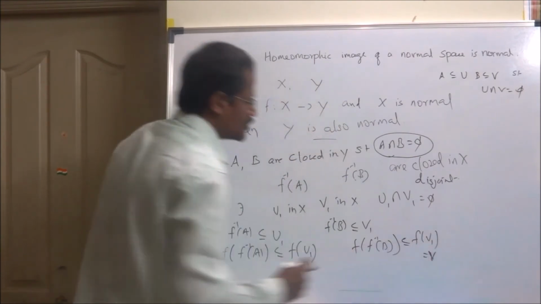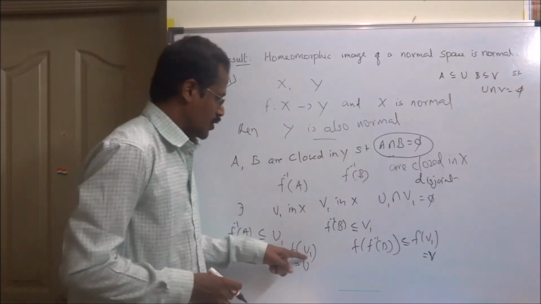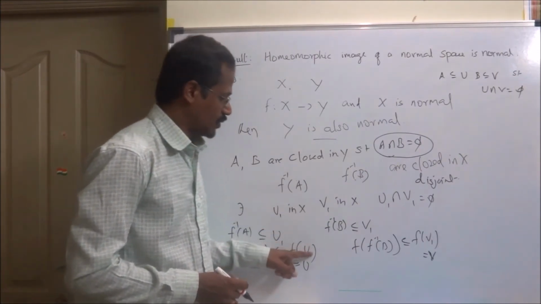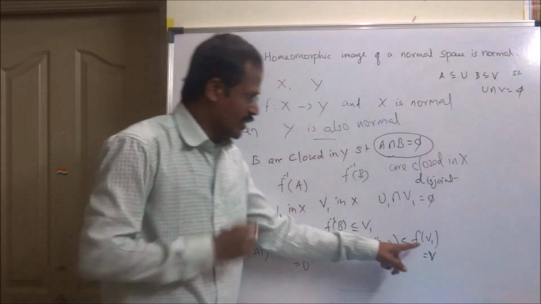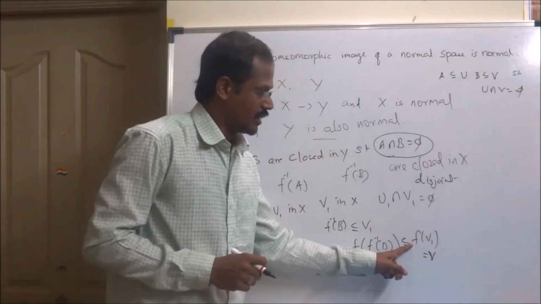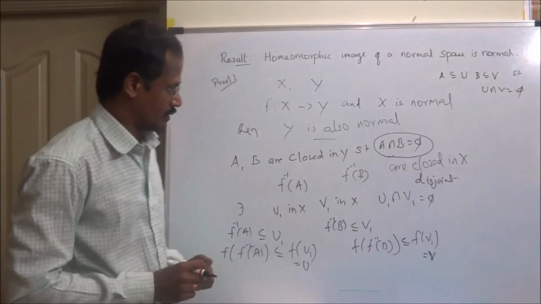Now again we are going to use the property that F is a homeomorphism. Okay. Here U1 is open in X, therefore F of U1 is open in Y, therefore U is open in Y. Similarly, V1 is open in X, F of V1 is open in Y, therefore capital V is open in Y. Okay.